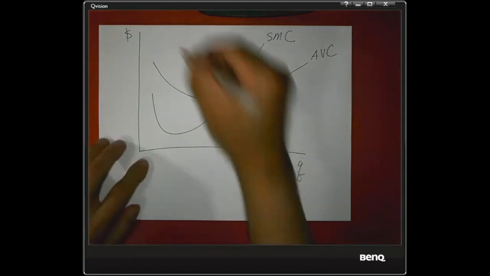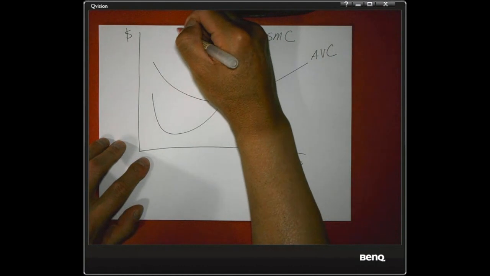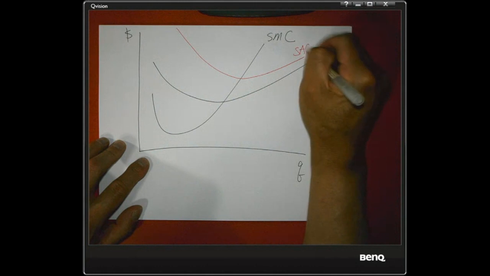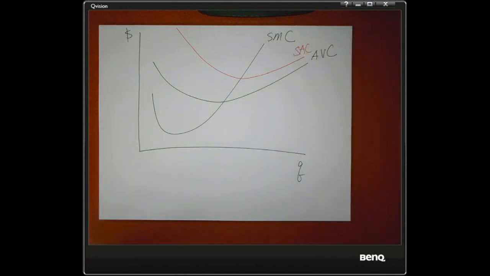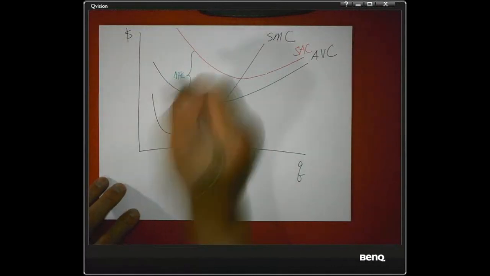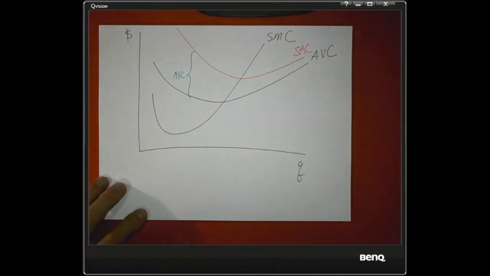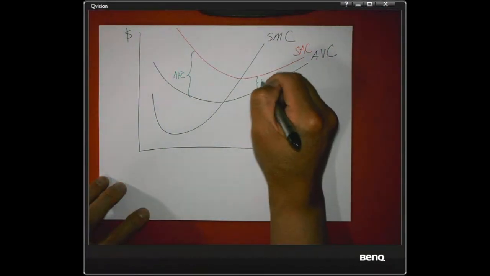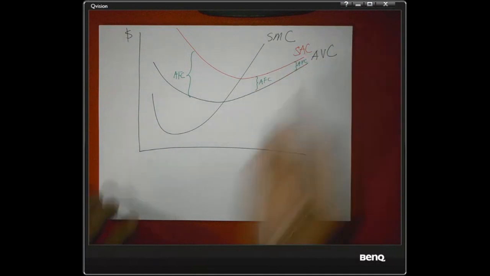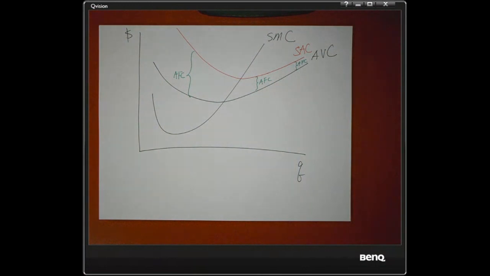And now the short run average cost will look like this, because this represents the average fixed cost, and average fixed cost is declining. That's why these two are getting closer and closer, but they never touch.